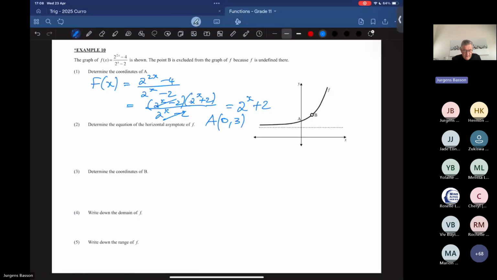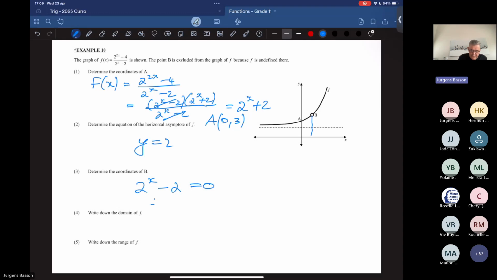The horizontal asymptote, do you notice that the graph moved 2 units up? So that is y equal to 2. Coordinates of b, that is where the denominator is 0. Very important to find b, because that's the undefined value.